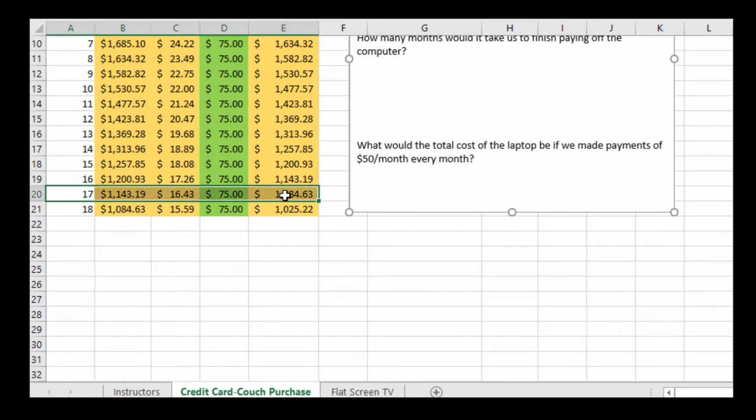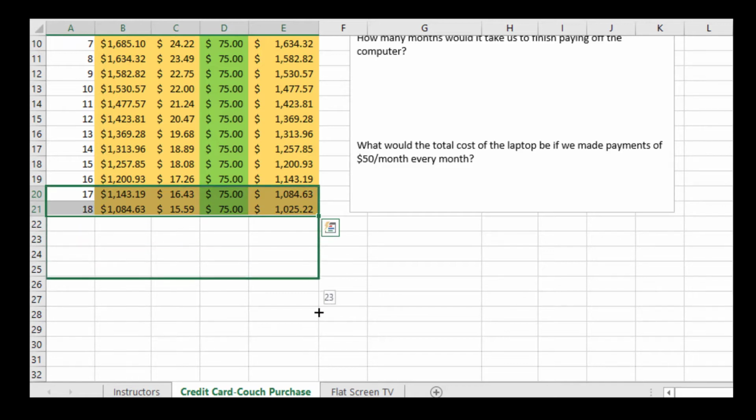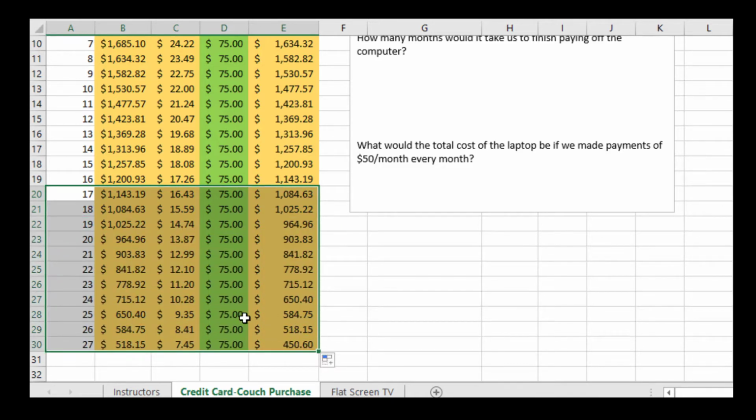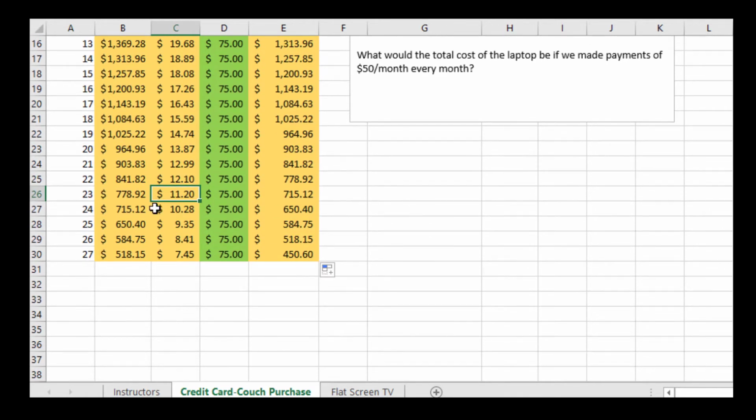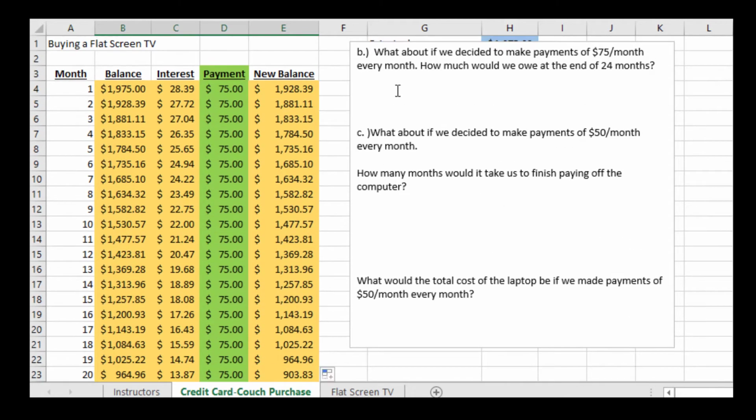So I'm going to highlight these two and use the fill tab and go down a ways, and we can now see 24 months, you would owe $650.40. So we can put that in. And a dollar sign would be nice.